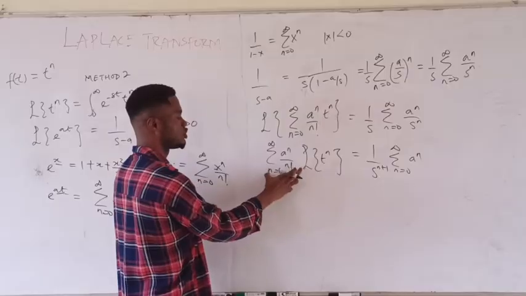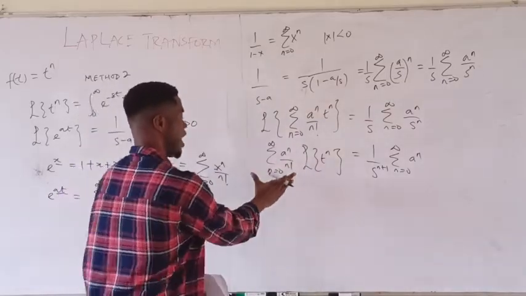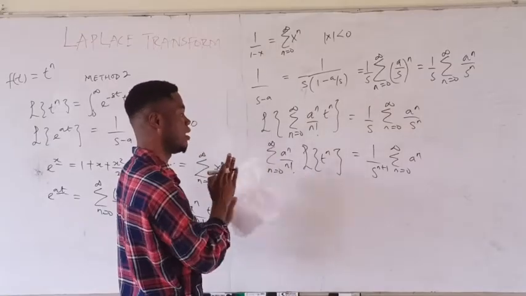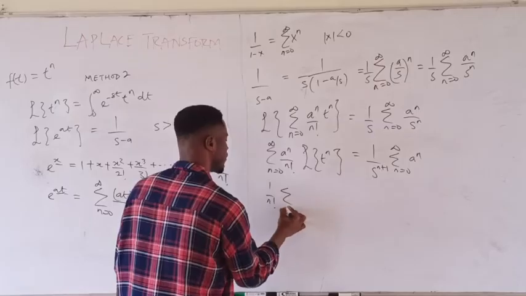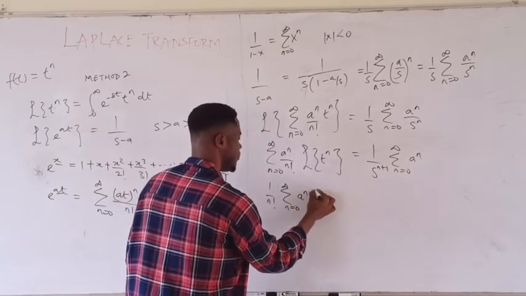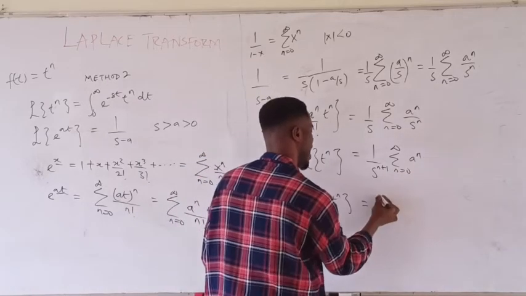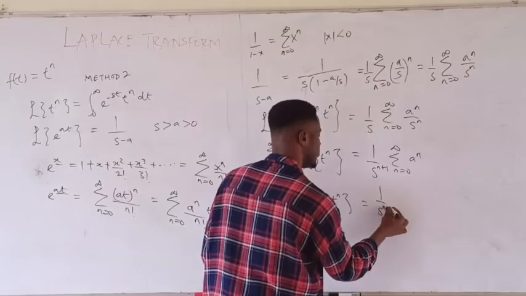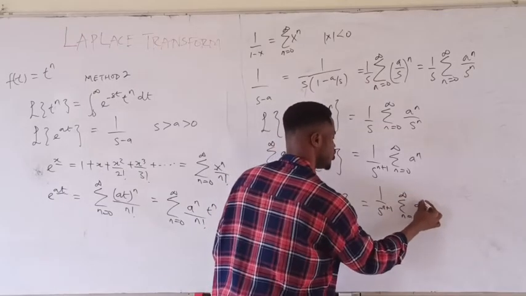So this particular function I wrote on my left-hand side, I can decide to rewrite as 1 over n factorial, summation from n equals 0 to infinity, a raised to the power of n, Laplace of t raised to the power of n. And of course, on my right-hand side, I have 1 over s raised to the power of n plus 1, summation from n equals 0 to infinity, a raised to the power of n.